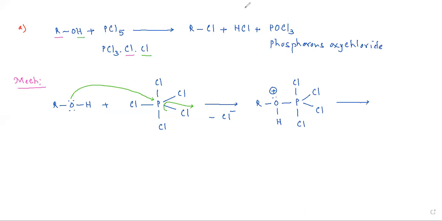See, in the next step, the Cl minus abstracts the proton, and then this will go towards the positive charge. Okay.